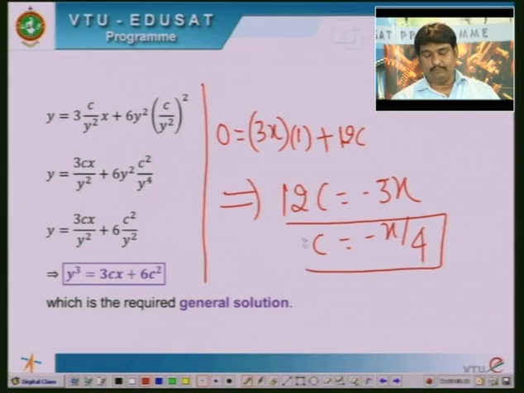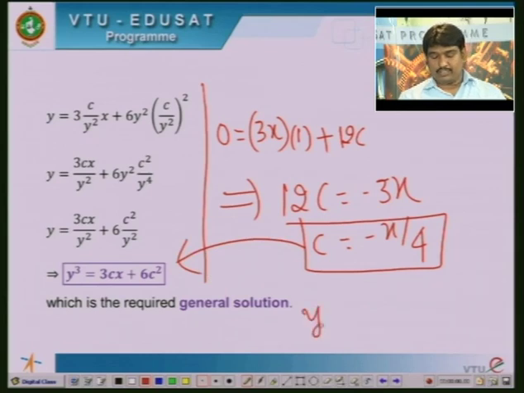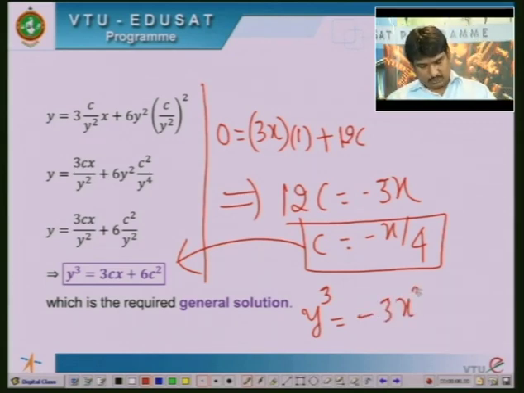Therefore c equals minus x by 4. This is the c value. Substitute this c value in the general solution to get y cube equals, c is minus x by 4, so it is minus 3x square by 4 plus 6 into x square, since c square is x square by 16.